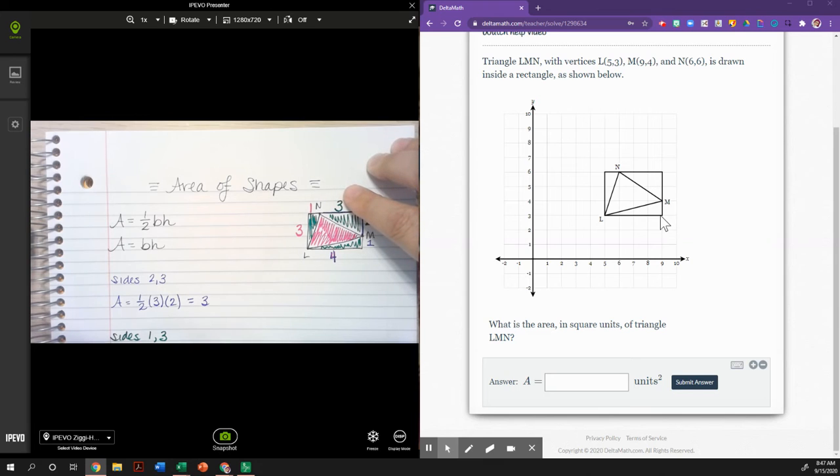Okay. All right. So area equals 1/2 times, we'll say the base is 1 in this one, and that 3 is our height. Okay. So 1/2, 1 times 3. Well, 1 times 3 is 3, and half of 3, okay, well, that's 1.5.